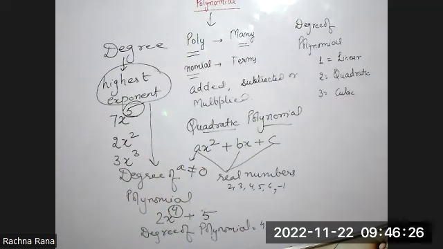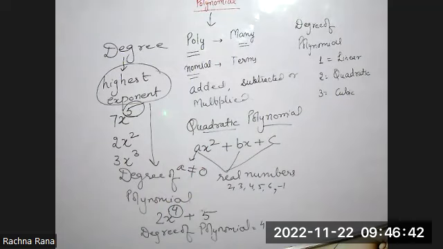When the degree is 2, it is a quadratic polynomial. When the degree is 3, this is a cubic polynomial.